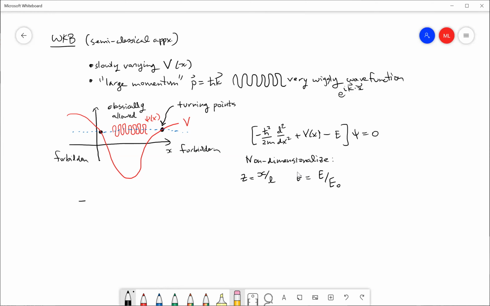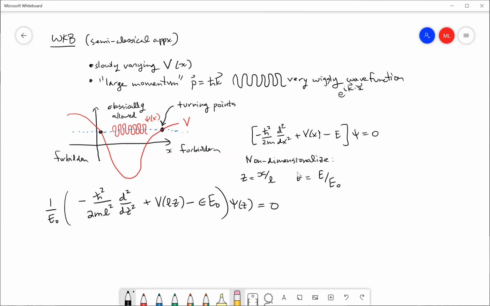If we do that, you get h bar squared over 2m L squared, two z derivatives, plus V of L z, minus epsilon E naught, and this of course is acting on psi of z. We can divide through by E naught, because all this is equal to 0.